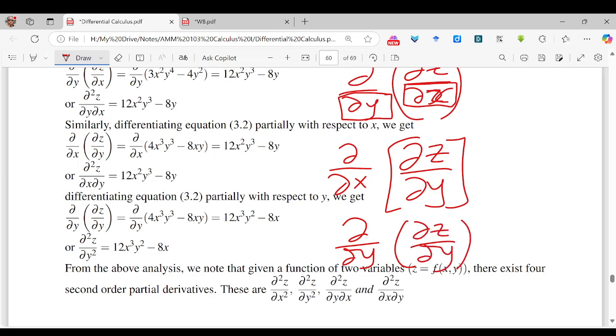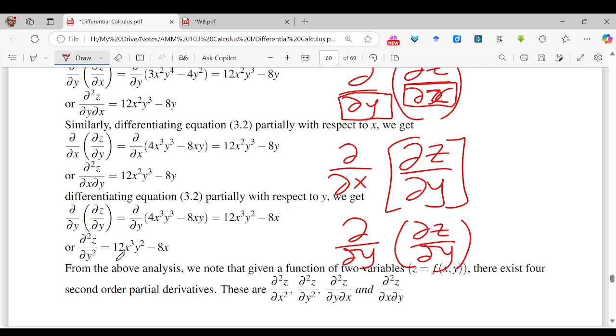When differentiating partially with respect to x, we shall assume that y is a constant. When differentiating partially with respect to y, we assume that x is a constant. So in this case, when we differentiate these terms partially with respect to x, we get 12x squared y cubed minus 8y.